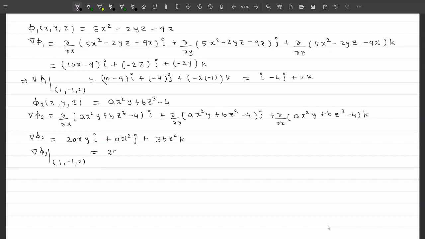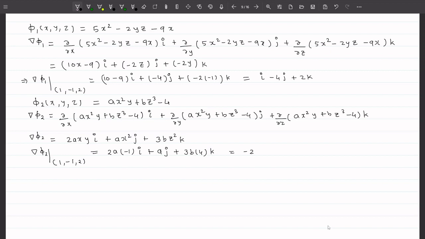So 2axy is −2a i, plus ax², that means a j, plus 3bz². z is 2, 2 squared is 4, so 3b into 4 k.